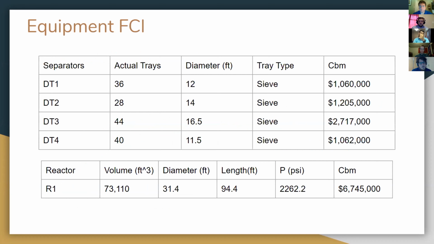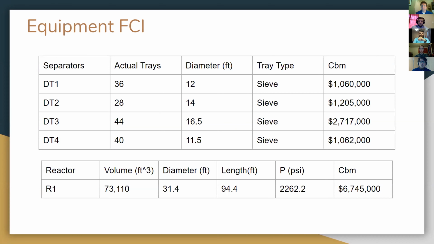All right, so here's a quick breakdown of our separators and our reactor. Those are the actual numbers after taking into account the efficiency and their diameter. We went with sieve trays because they worked out quite a bit cheaper than valve or definitely bubble cap for these types of flow rates. You can see they run in the $1 million to $2 million range, with separator number 3, our kerosene separator, running the highest, simply because of the height it had to be to get 99% purity.